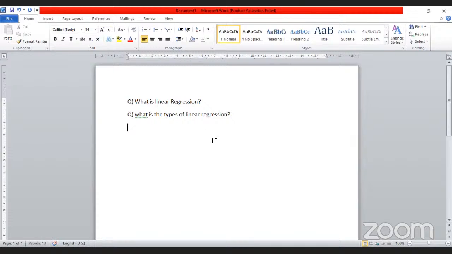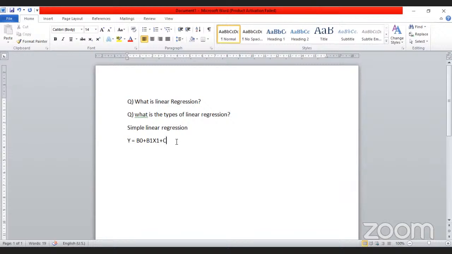For example, in our data, for simple linear regression, this is our equation: y = beta naught + beta 1 x1 + c.